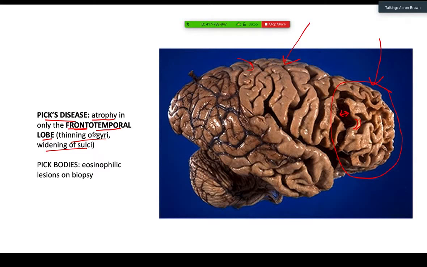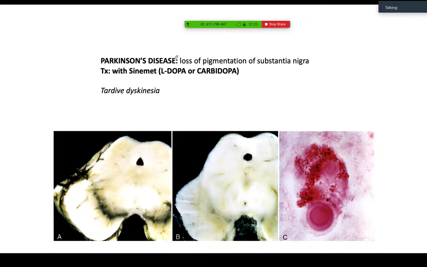You can see increased sexual behaviors, really abnormal behavior, because our frontal lobe is really important for executive functioning. In Pick's disease, with loss of that part of your brain, you have loss of executive functioning. If we do a biopsy of a patient with Pick's disease, we can see some eosinophilic lesions on biopsy. We call those Pick bodies. That's all we need to say about this particular disease.